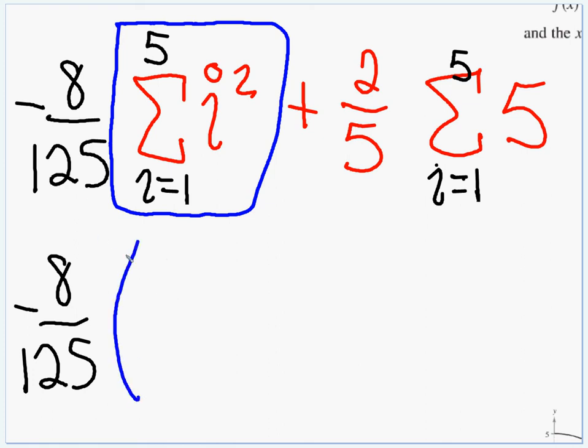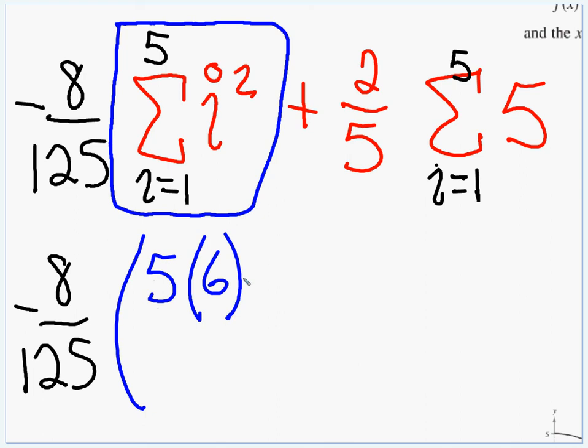Well, I guess I'll just write it out here. N times n plus 1. Well, remember that n is a 5. So that's going to be n times n plus 1, 6, times 2n plus 1 is 11. And that's divided by 6.